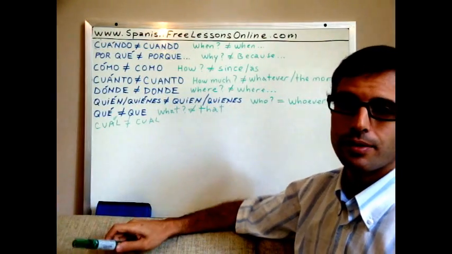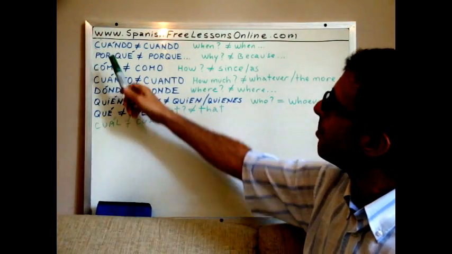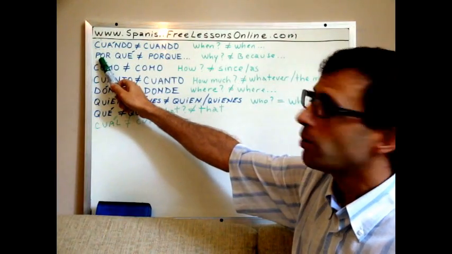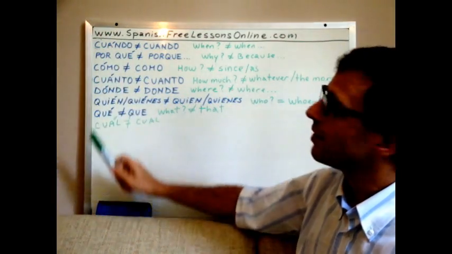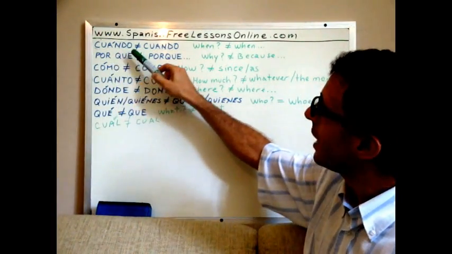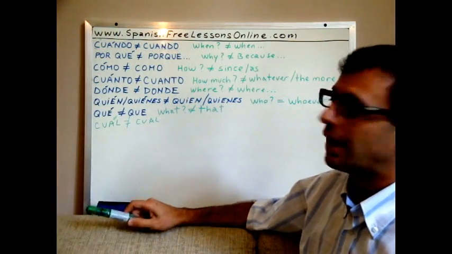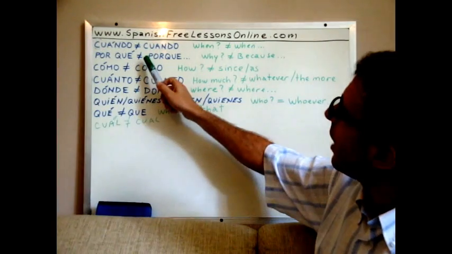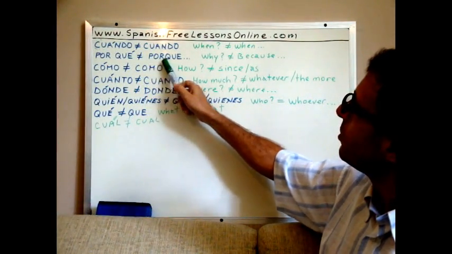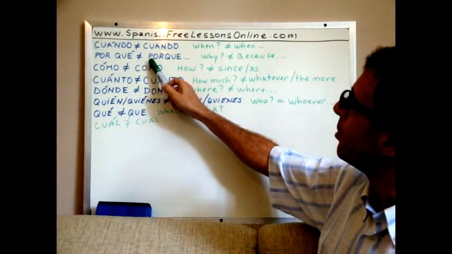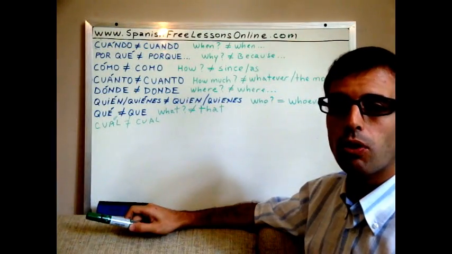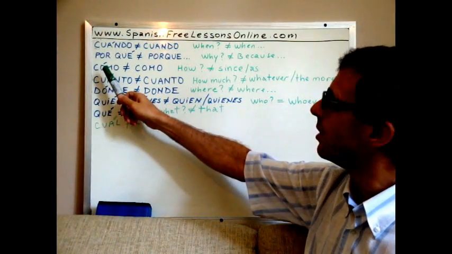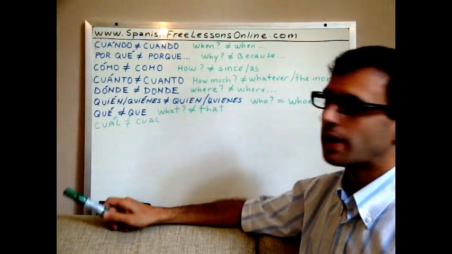¿Por qué? This means why. ¿Por qué? You see, it is two words. ¿Por qué? Right? Separated because it is two words. And the qué has a tilde here. This means why. However, if we write it all together and without the tilde, porque, this means because. The word for how, cómo, has a tilde.